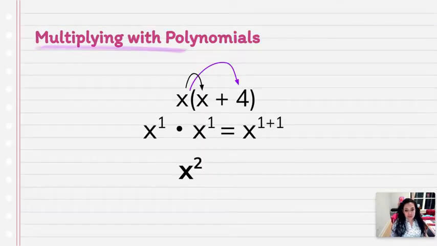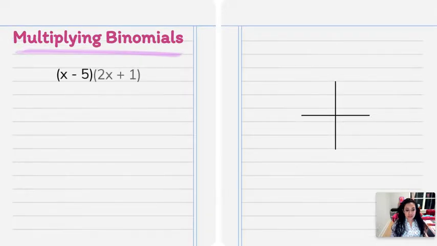Let me back it up. So here we made sure the term on the outside got multiplied to every term on the inside. We're doing the same thing here. We're making sure every term on the left gets multiplied to every term on the right. So that means this binomial is going to be multiplied with everything on this binomial.